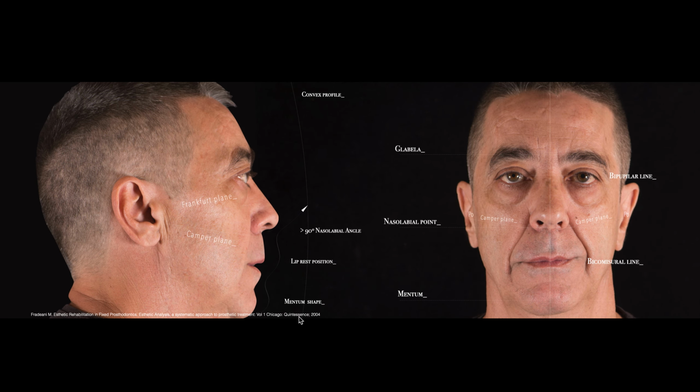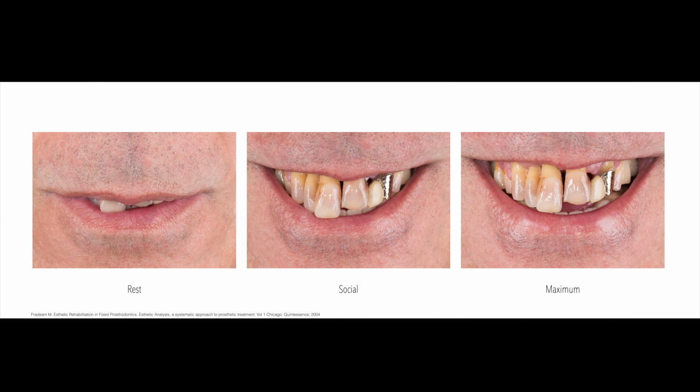So after analyzing the face, we are going to move a little bit deeper into what we love, no? That is more the teeth than the face. And here it's very important to take 3 pictures, or at least, super important, the 2 pictures of the extremes, like the rest position and the maximum smile. But normally, when we are taking these pictures with a new patient that we have just met, and you ask him in front of the camera to smile, they give you the social smile, okay?